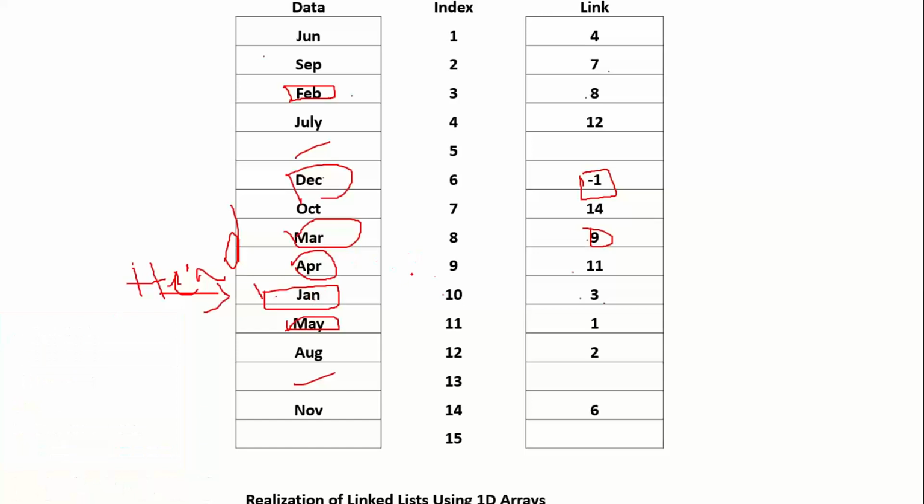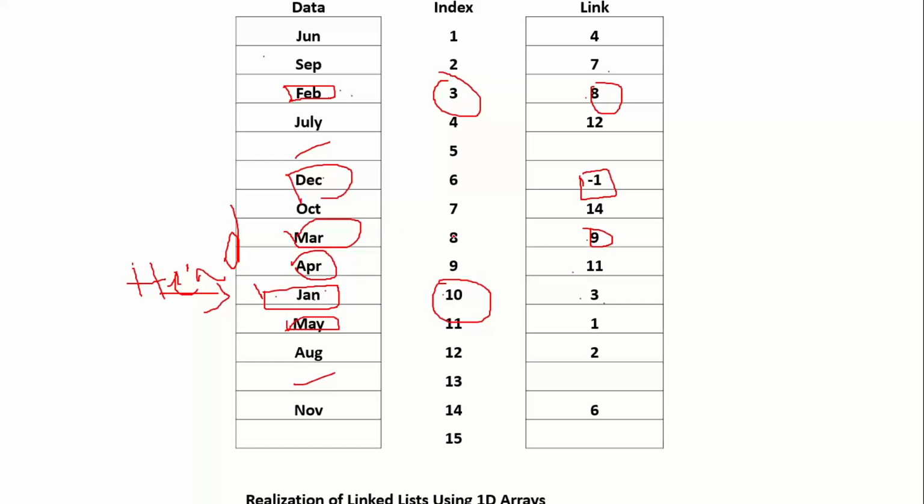See, data of link of 10, that is January. Now data of link of 3, February. Data of link of 8, because from February the next position is March.